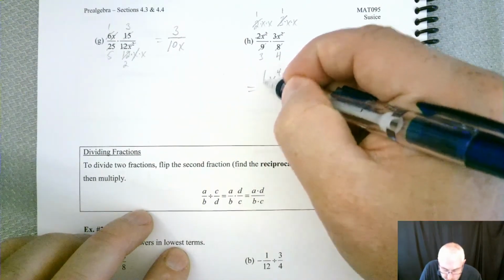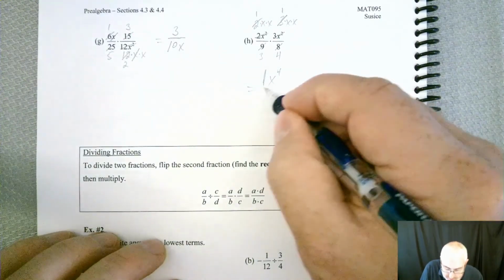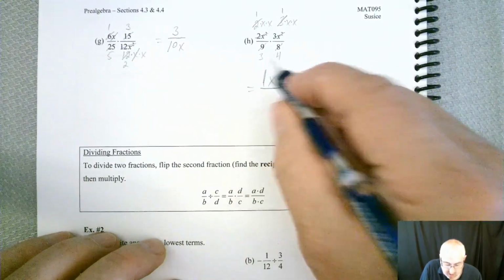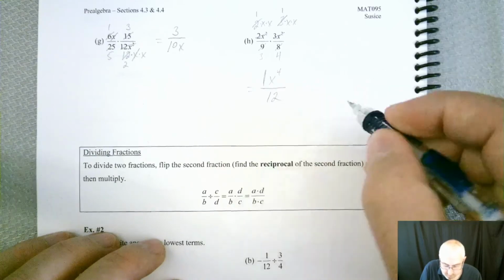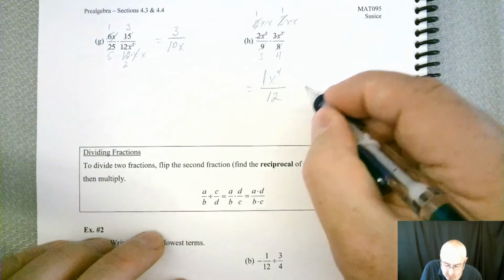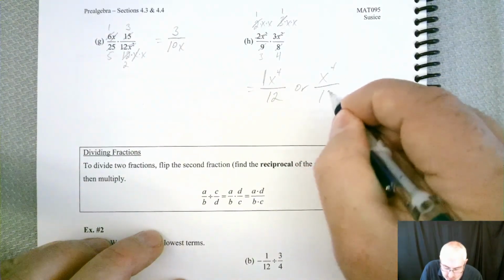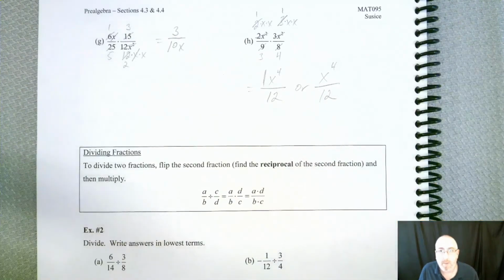So if we want to put a 1 in front, we can, but remember that's not a requirement. On the bottom, we just got the 3 and the 4, so that's 12. So if you wanted to write your answer that way, I would take it, but we don't need the 1. So we can just leave it out and just say x to the 4th over 12. And that would be our answer.